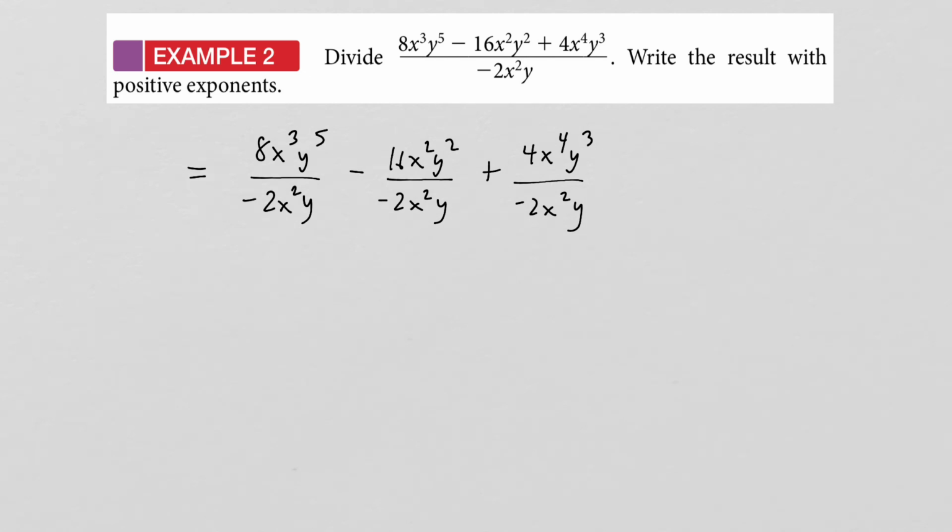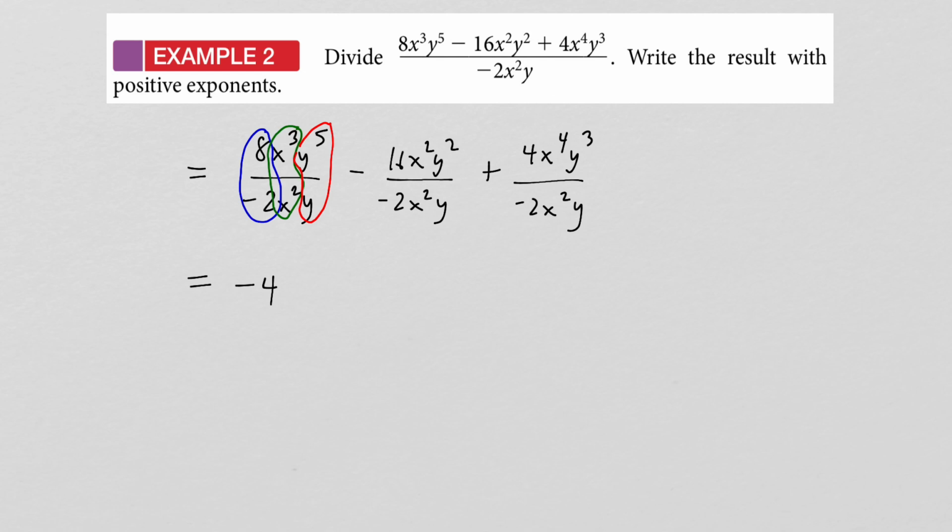The process here is identical, so we're just going to first divide the coefficients. So here 8 divided by negative 2 is negative 4. And then we are going to subtract the exponents of x and subtract the exponents of y.